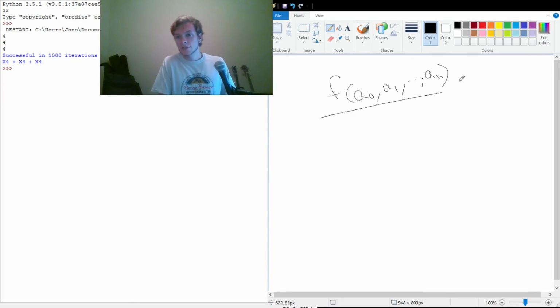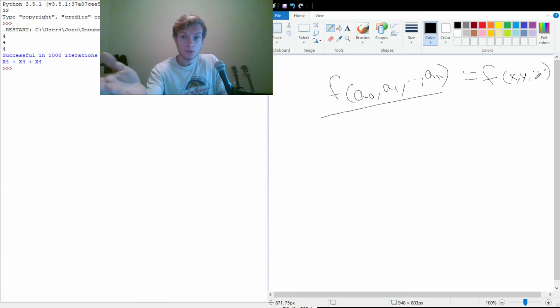So this is our function we're trying to create to approximate our f of x, y, dot dot dot. You know what I'm talking about. So what I was trying to do was to use this to essentially create a linear regression.